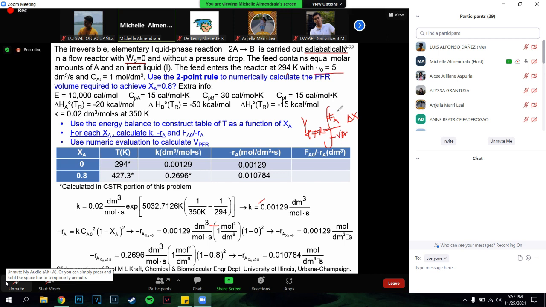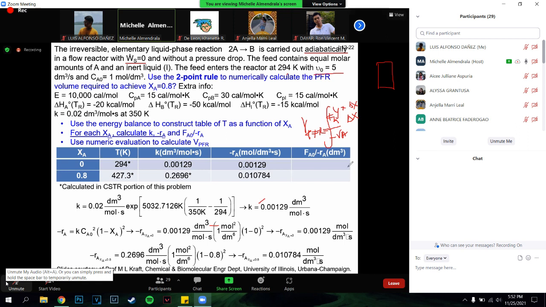You can see that this is your Y, this is your X. A simple two-point rule, like rectangular integration. The area under the curve is just a rectangle. As simple as that. So, a simple demonstration of numerical integration, the two-point rule.